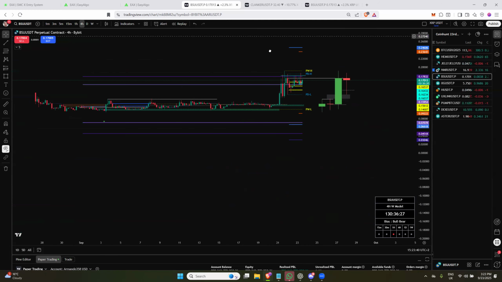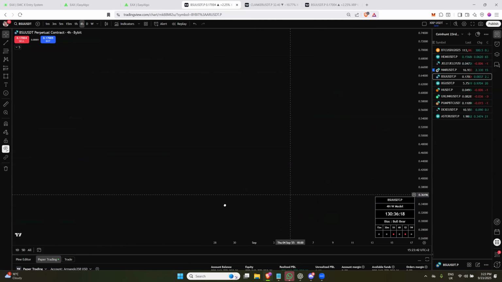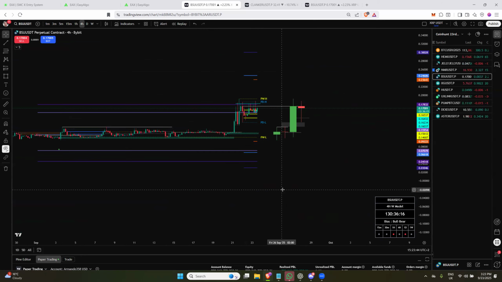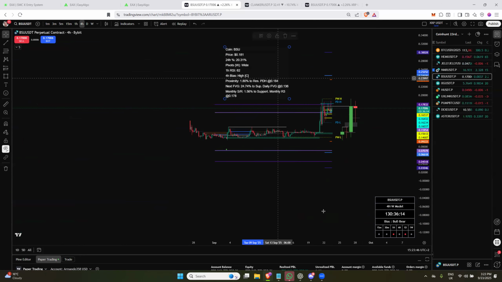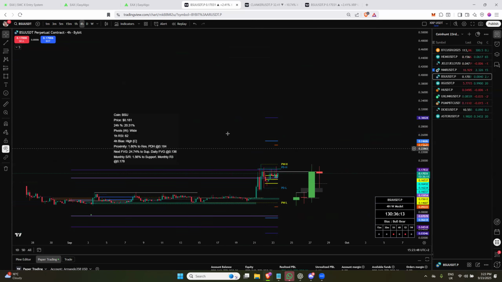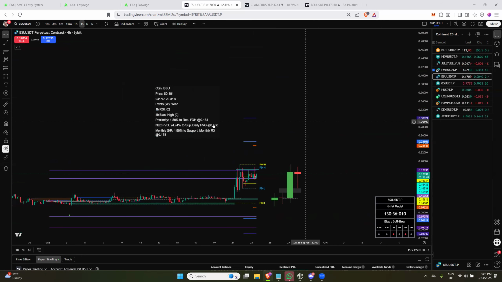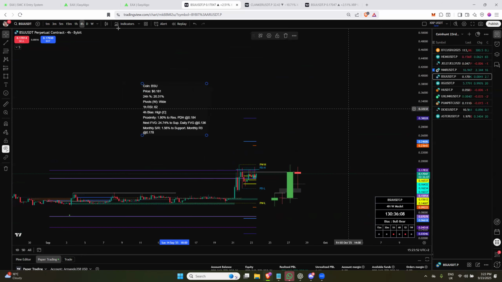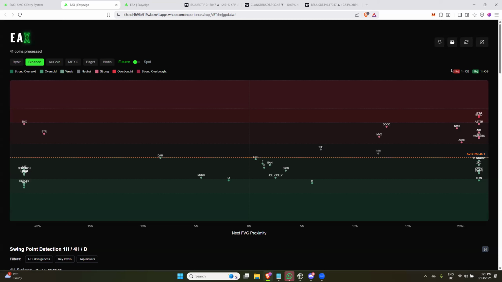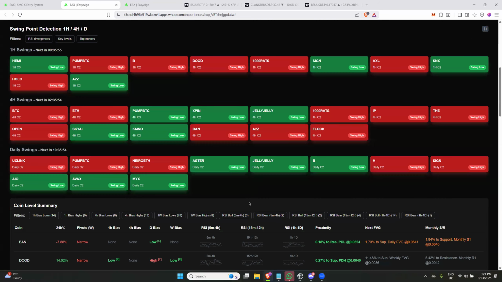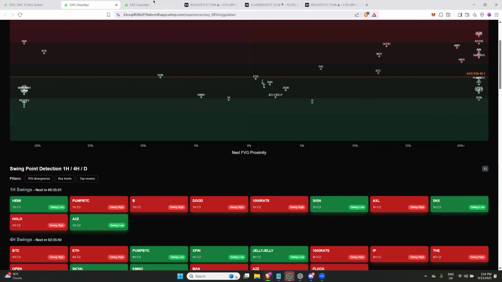Where did it go? Oh no, sorry. Oh, there we go. Apologies for that. Oh, it doesn't actually say. Let's have a look to see if it does say now. Hemi's coming down a little. Let's see if I can find it.